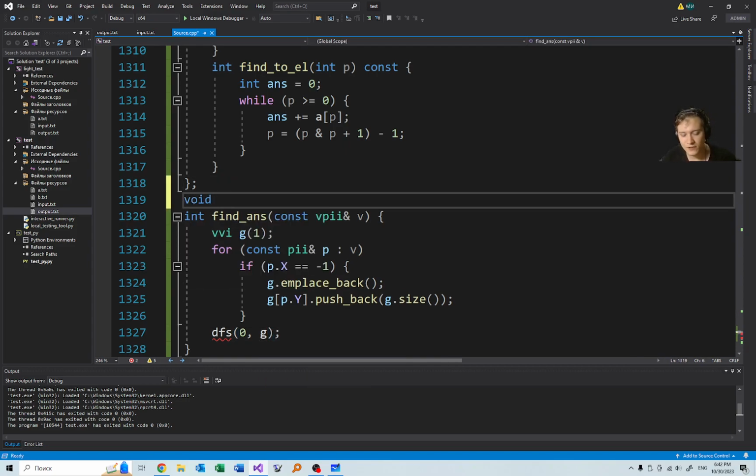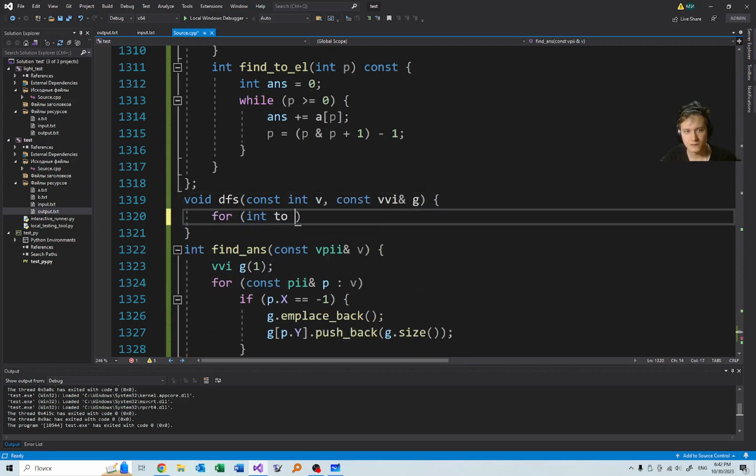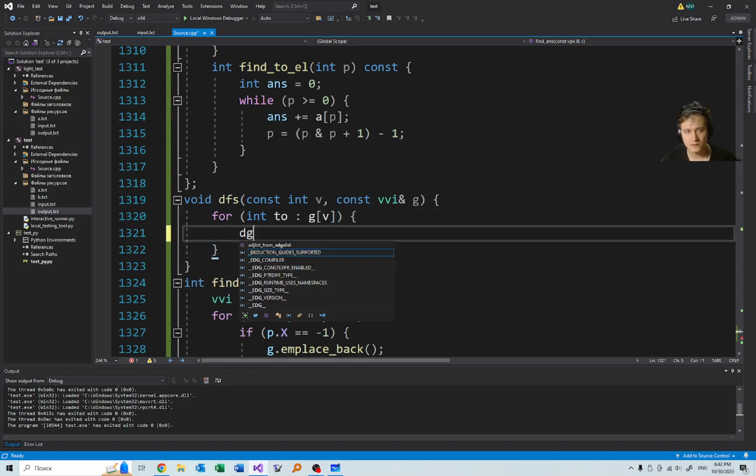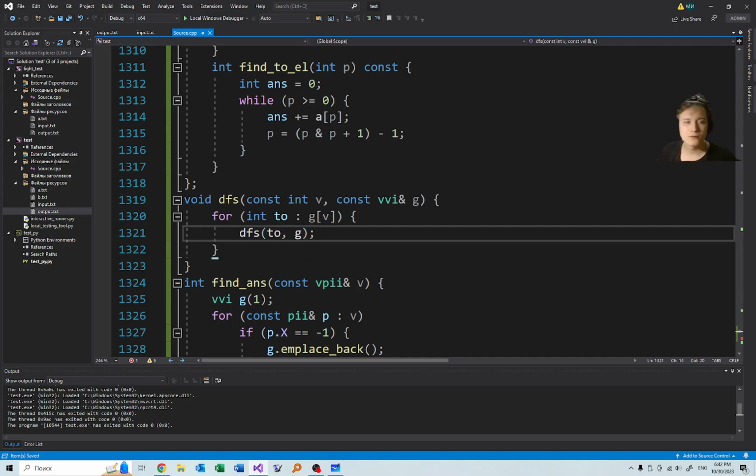What do we want from an Euler tour? We want to find out the segment which corresponds to this vertex.